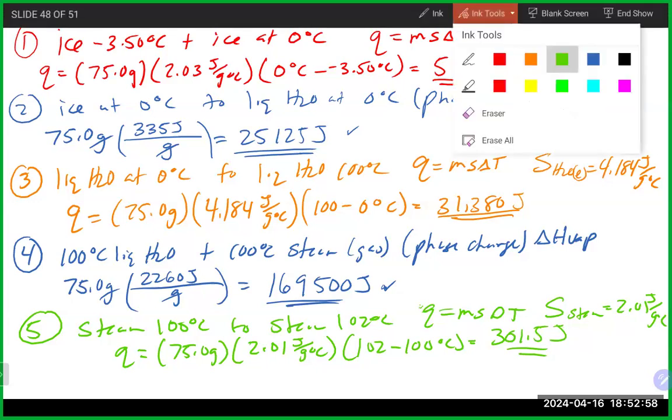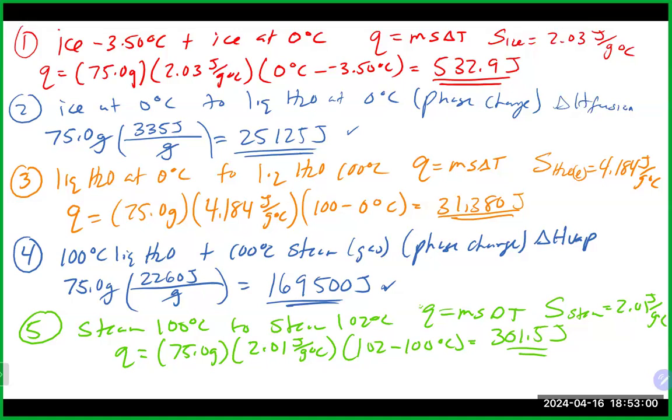We have now did pretty much the 5 steps that would be required to take ice all the way to steam. The total energy would be found by doing what with all those numbers? Yeah, we're just going to add them together, right? So all those Q numbers that we got, we're just going to add them.